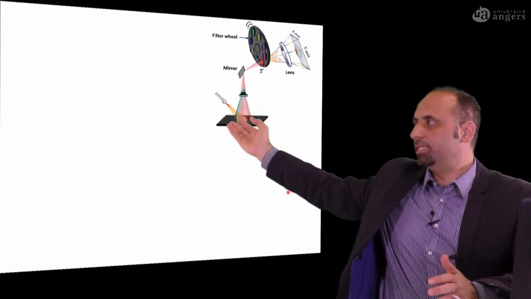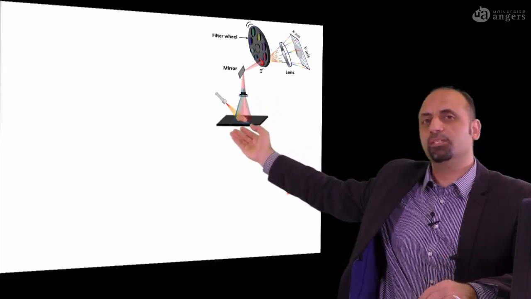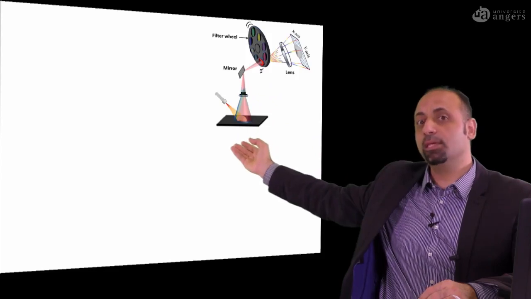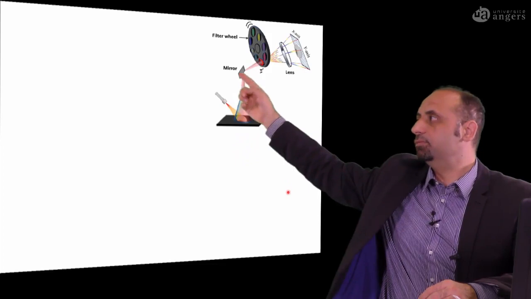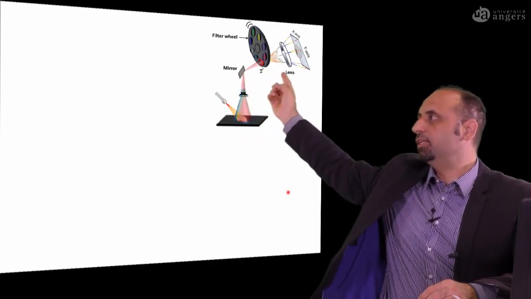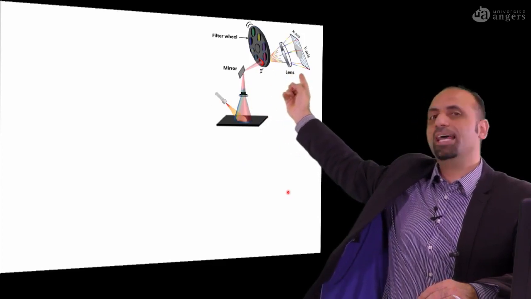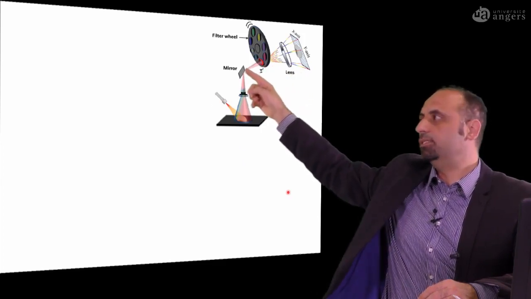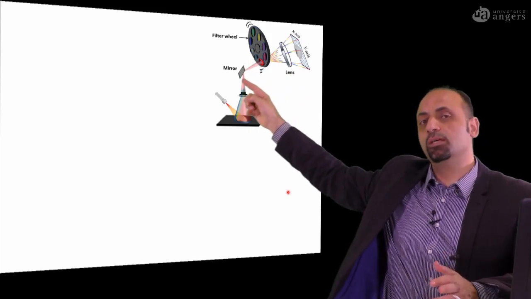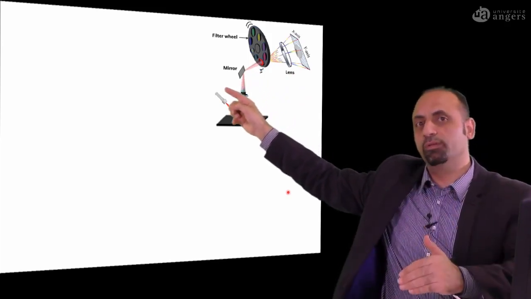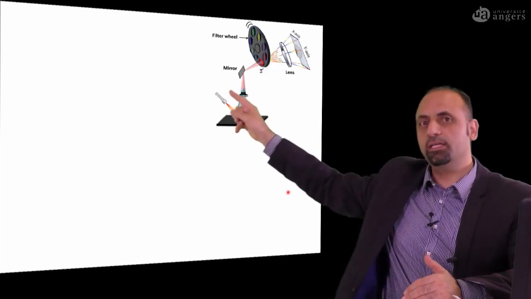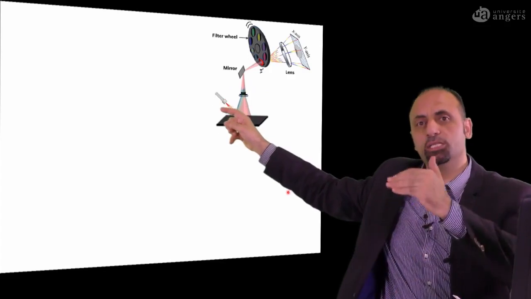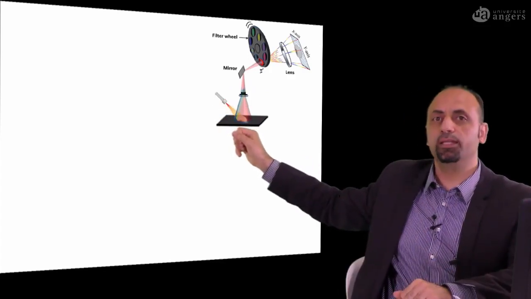To acquire one multispectral image using this method, we rotate the filter wheel, and at each single filter the signal reaches the camera and we have a 2D image. Then we rotate the filter wheel to a new filter, a new wavelength, and acquire another 2D image. Rotate the filter again, you have a 2D image at a new wavelength, and so on.